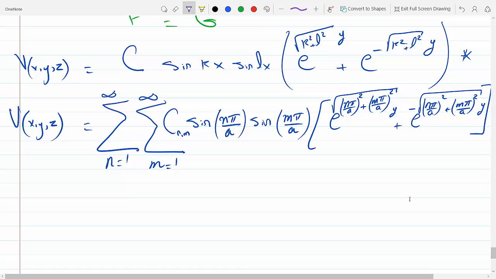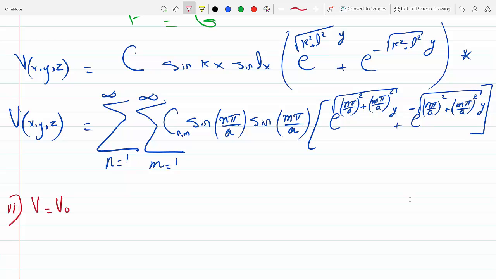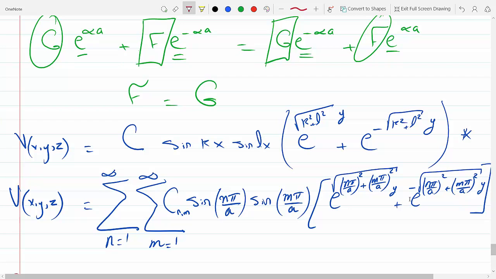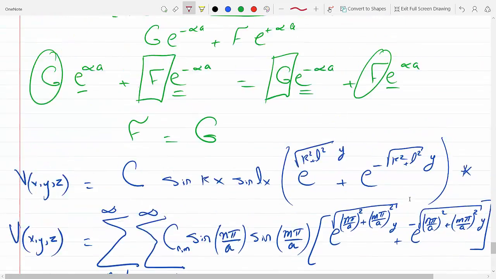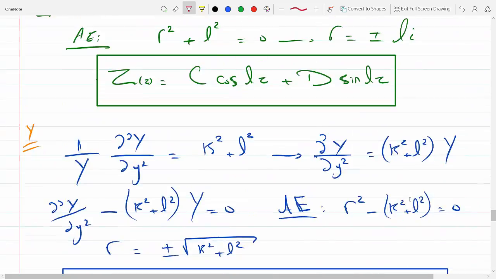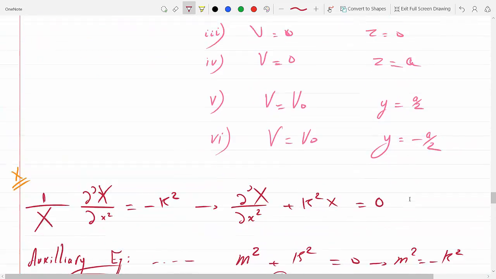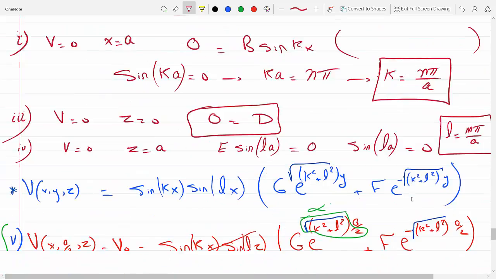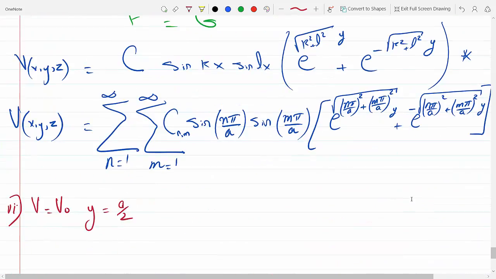If I impose my boundary condition number 6, what did that say? That V equals V0 when y was what? Was it a over 2? Yes, a over 2 or negative a over 2. Okay, let's just do a over 2.